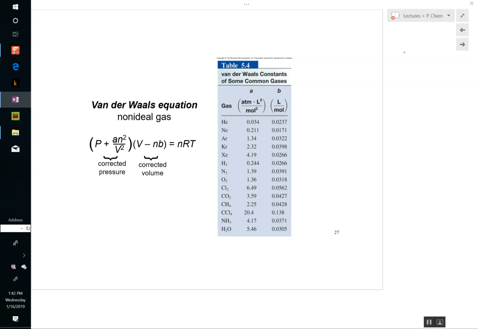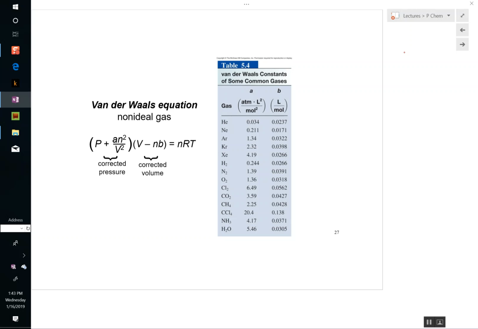Let's take helium, about as ideal a gas as you can get. These numbers are very, very small. But you take water, now we'd be talking about water at 200 or 300 or 400 degrees centigrade as a vapor.